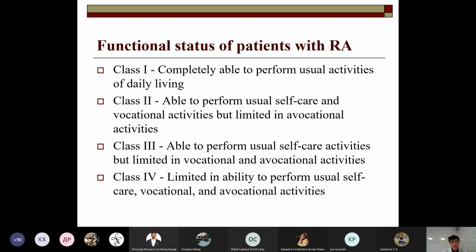Class 3: able to perform usual self-care activity, with limitation in vocational and avocational activity, which can be noticed in patients generally. And class 4: severe limitation in the ability to perform usual self-care, vocational and avocational activity.